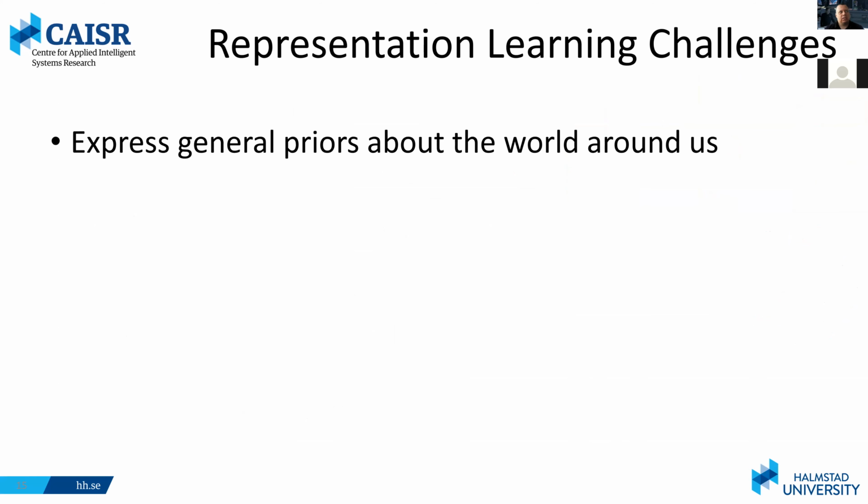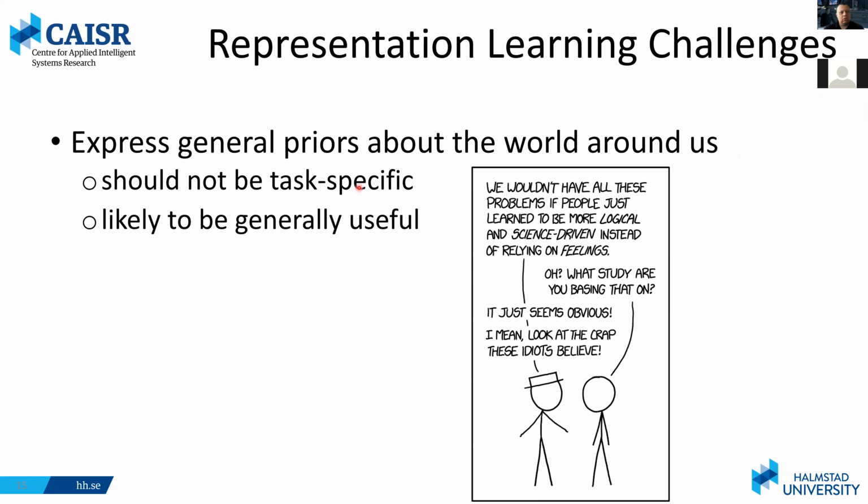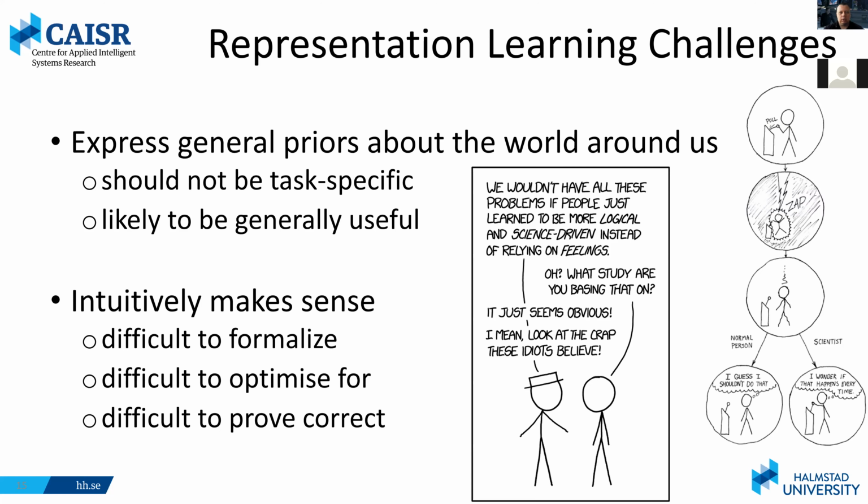Intuitively we can explain what that means. Intuitively we get it, but if we try to formalize, make a definition, if we try to optimize for it, if we try to build a neural network which has the best possible representation, or if we want to prove that a particular representation is generally good, all of those tasks are difficult.